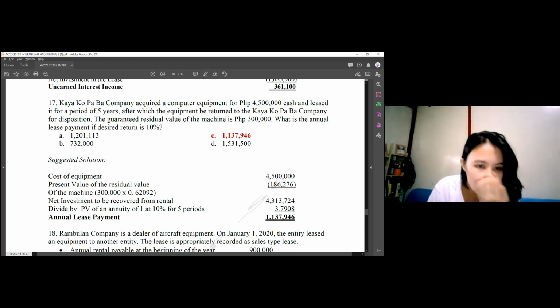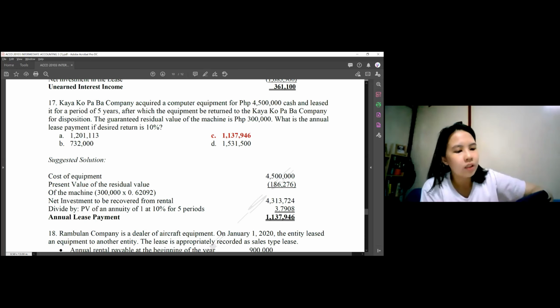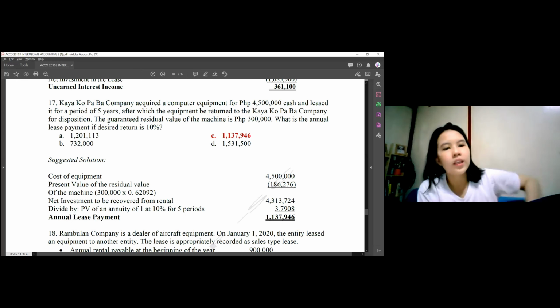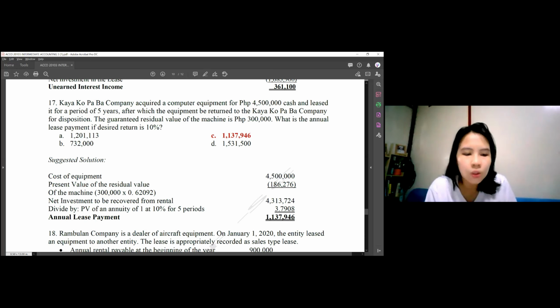So computing that, we'll get 0.620921323. But for the purposes of this problem, let's round up to the 5th decimal place. Okay, so again, 1.1 raised to negative 5, you'll get the present value. Then you'll multiply that by 300,000. Okay, so you'll get 186,276.